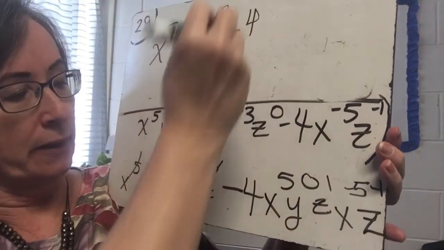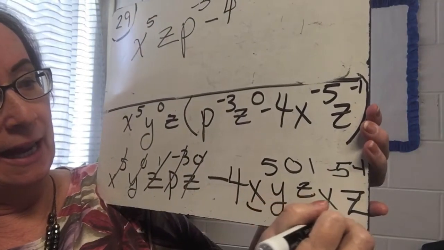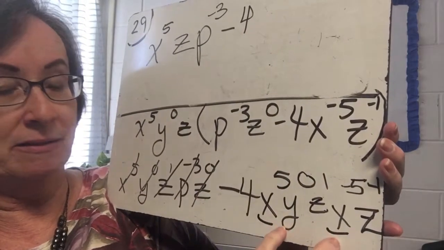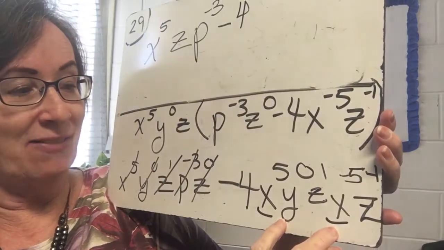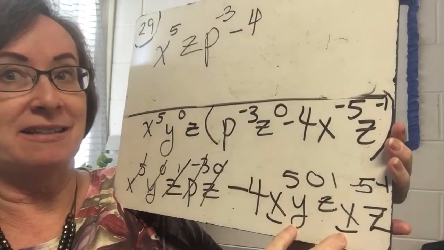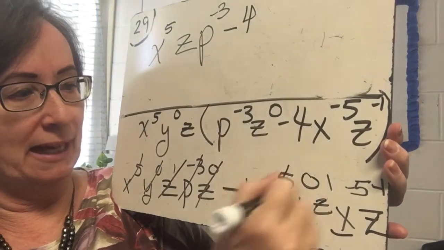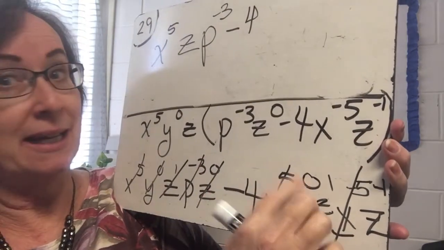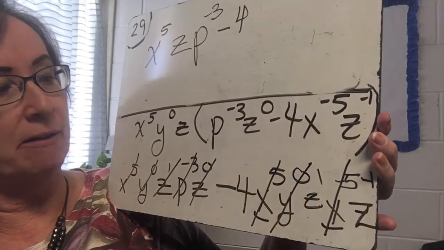4. We have an x and an x. So we have x to the 5, x to the negative 5. Well, x to the 5 minus 5 is x to the 0. X to the 0 is 1. So we can cancel those out. Y to the 0 is 1. So we can cancel that one out.